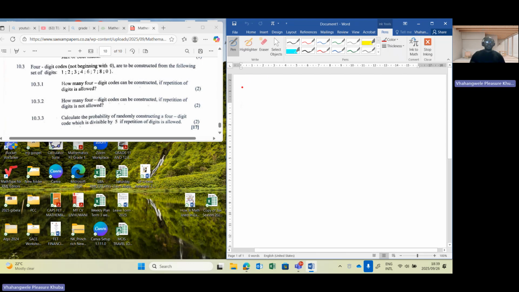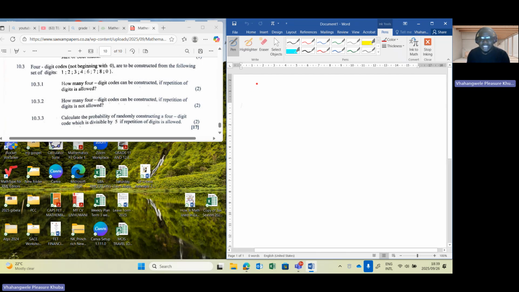Let's look at it and see how we can help. So the question says 4-digit codes not beginning with 0. Just underline this, not beginning with 0. It's very, very important. Meaning, okay, 4-digit codes.